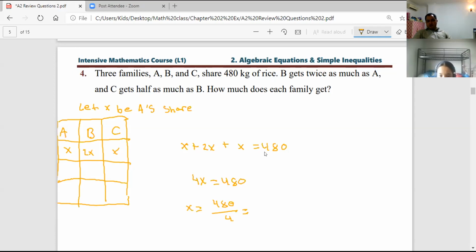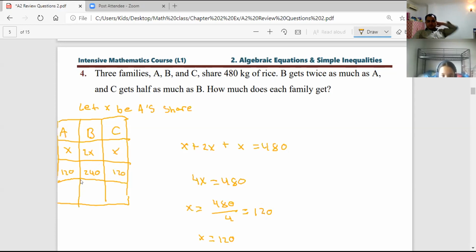So it is 120, because 4 times 12 is 48. So x equals 120. So if A has 120, B has 240, and C has 120.